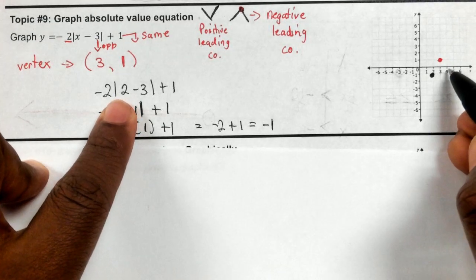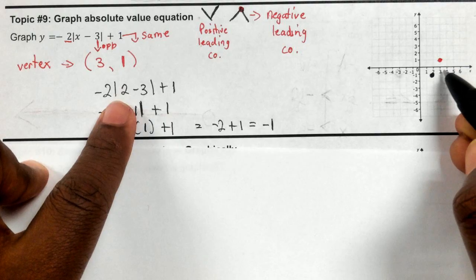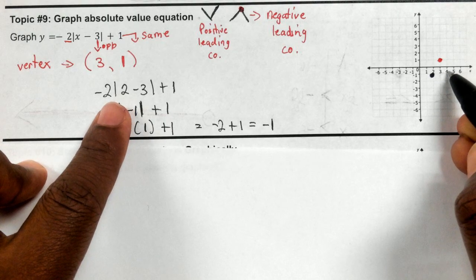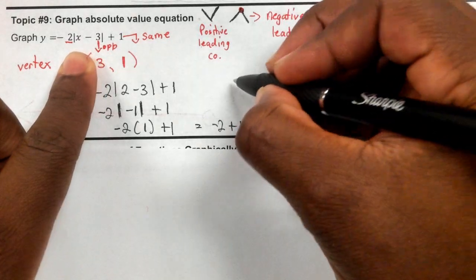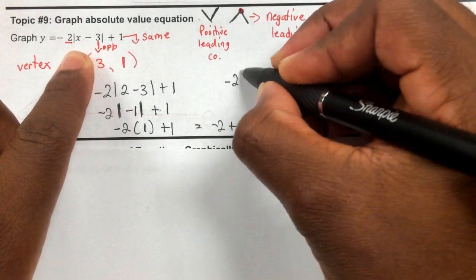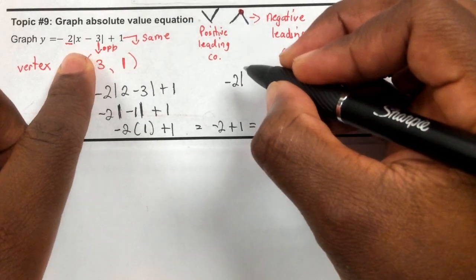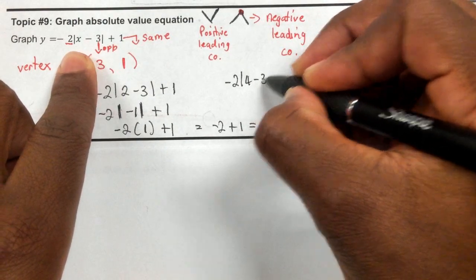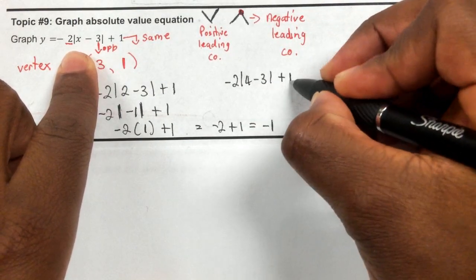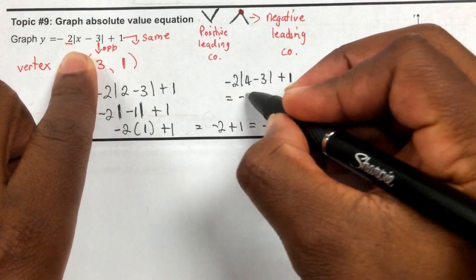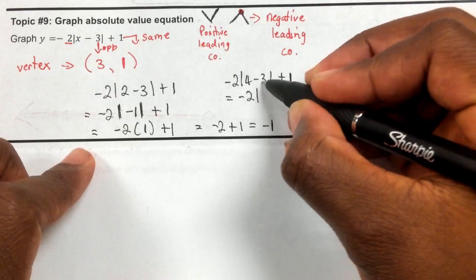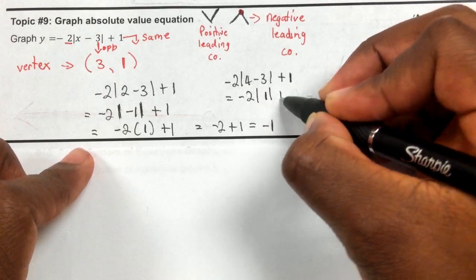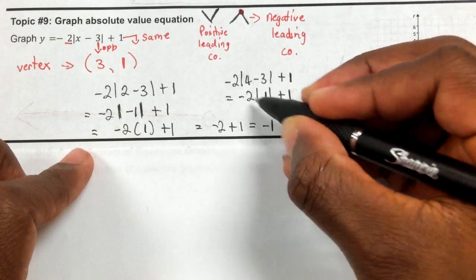So now I do the right of this point. To the right of that point would be what number for the x? 4. So I'm going to plug 4 inside of here. I would have -2 absolute value of 4 minus 3, plus 1. -2 I would bring down, and then 4 minus 3 is 1, plus 1.